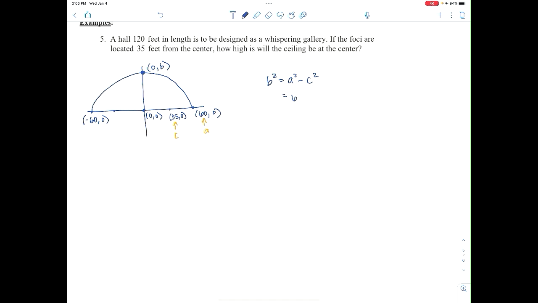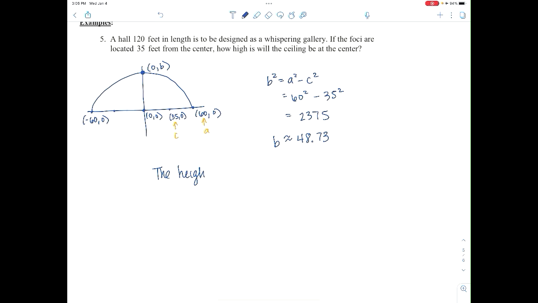A is 60 and C is 35. So 60 squared minus 35 squared is 2,375. So if we take the square root of that, B is about 48.73.